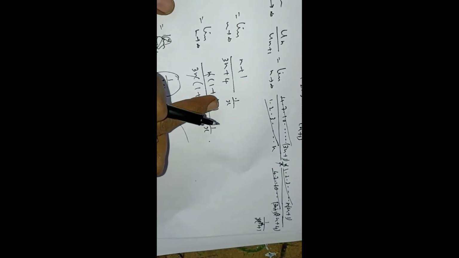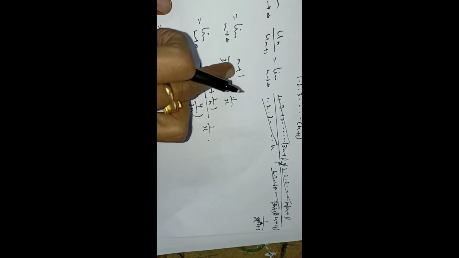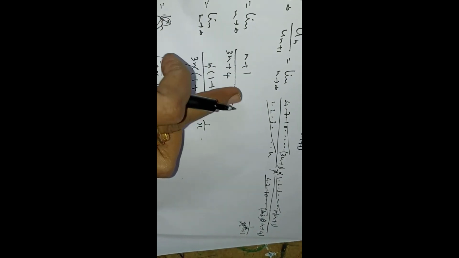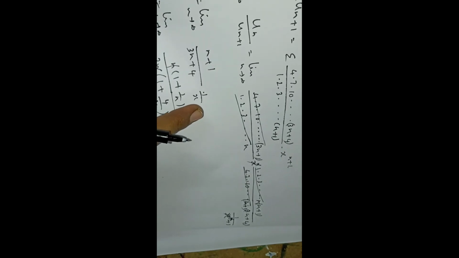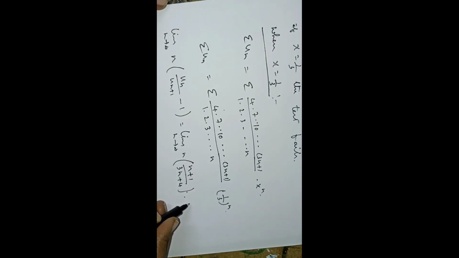Before taking common, whatever the term is there, that term we should write: n plus 1 by 3n plus 4 into 1 by x. 1 by x is there in place of x. If you write 1 by 1 by 3, 1 by 1 by 3 is nothing but 3. Minus 1.